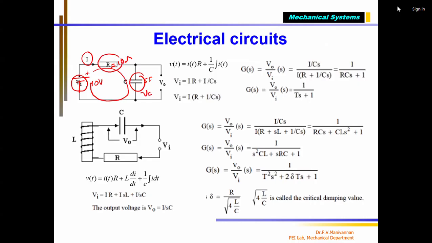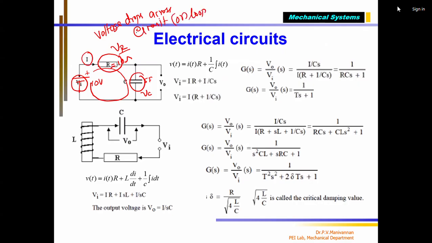Similarly, there will be a voltage developed across the resistor, VR. Since the same current is flowing through the resistor and capacitor, there are two voltages developed across the two components. That is generally called, in the electric circuit, the voltage drops across the circuit or loop.